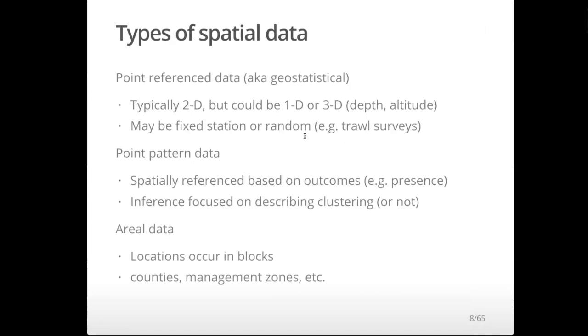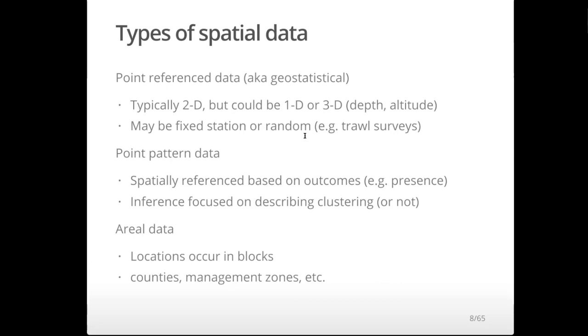Okay, so when we talk about spatial data, I think it's important to clarify exactly what we're talking about here. Most of the data that I'm talking about in the context of this lecture and for this class is going to be what we'll call point reference data or geostatistical data. Geostatistical data is the kind of data that we might collect as part of a fisheries survey, where we go out to given locations, and at each of those locations we measure, say, the density or catch per unit effort of a variety of different species of fish.